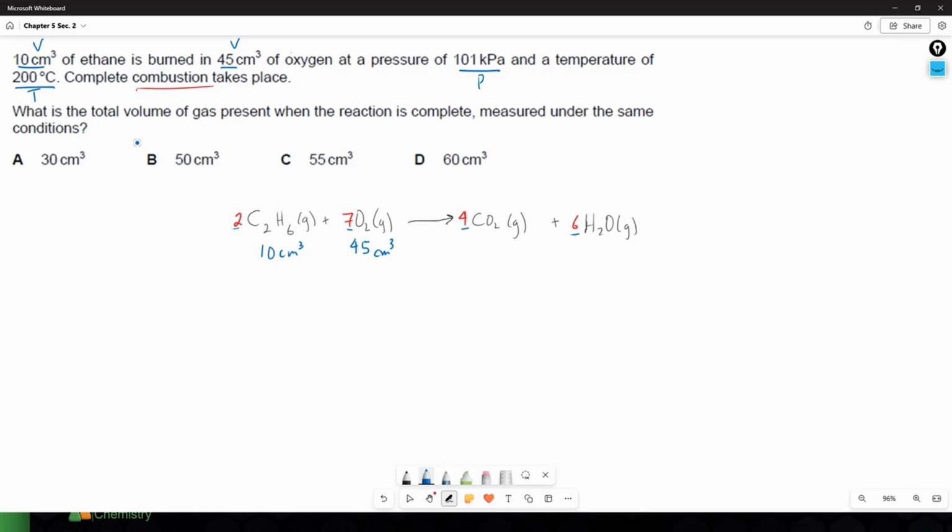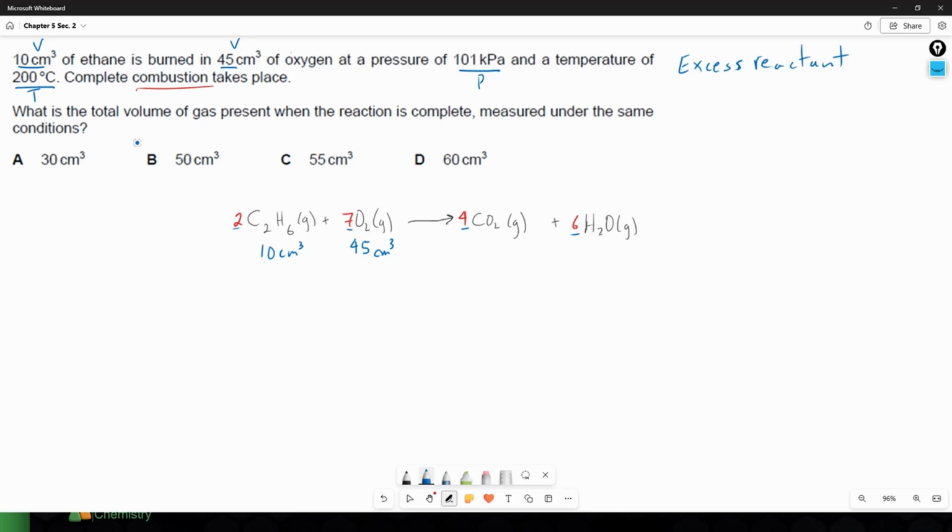Now, this is still a stoichiometry question, so we still need a few little pieces of critical thinking. First of all, it says 10 cubic centimeters of ethane is burned in 45 cubic centimeters of oxygen, not reacts with, meaning that this could be a problem where we have an excess reactant. And we need to keep that in mind. Number 2. What is the question asking for?